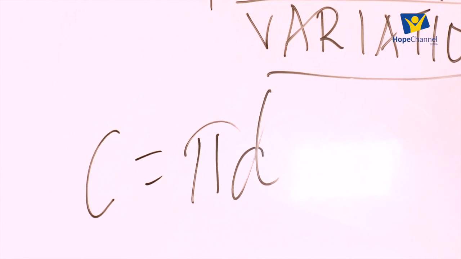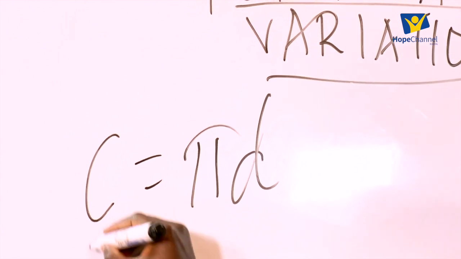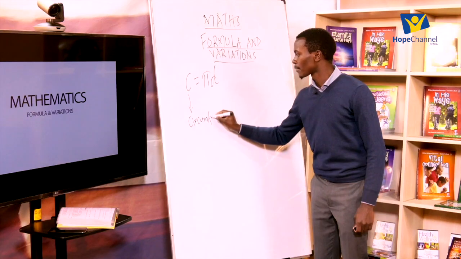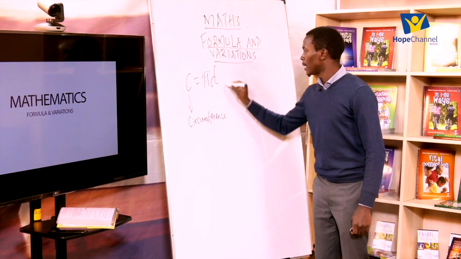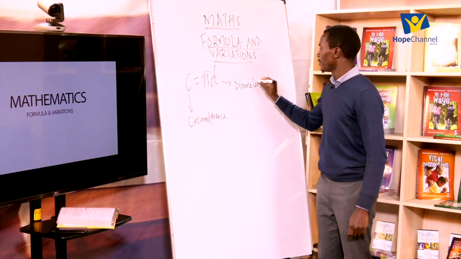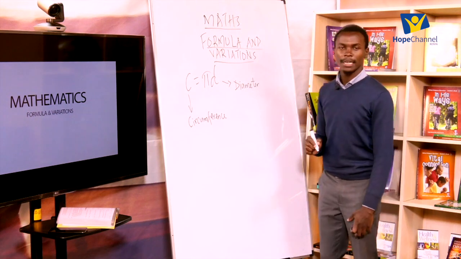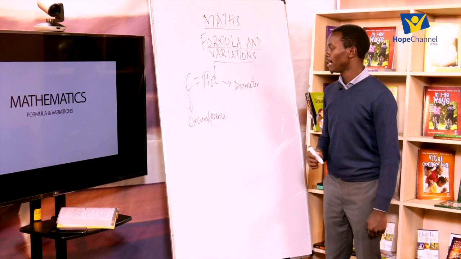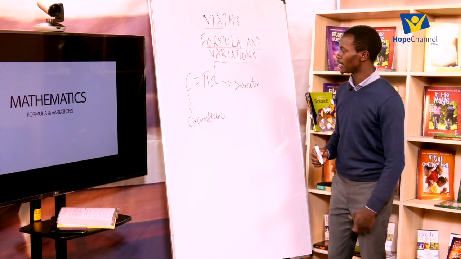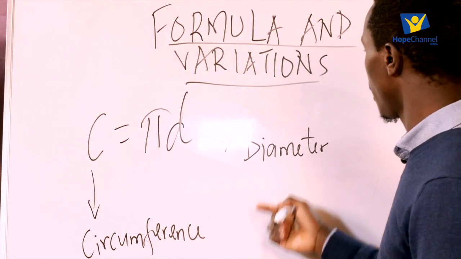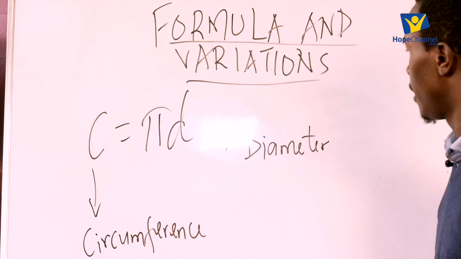This formula is relating two quantities, and that is circumference and d, which is the diameter of the circle. So basically the formula in this case is C is equal to pi d, and that is a formula. It is relating two quantities. The first quantity is the circumference, and the second quantity is the diameter.